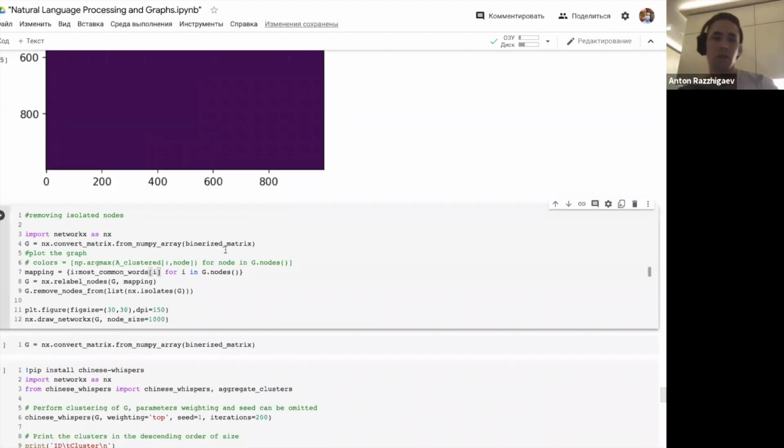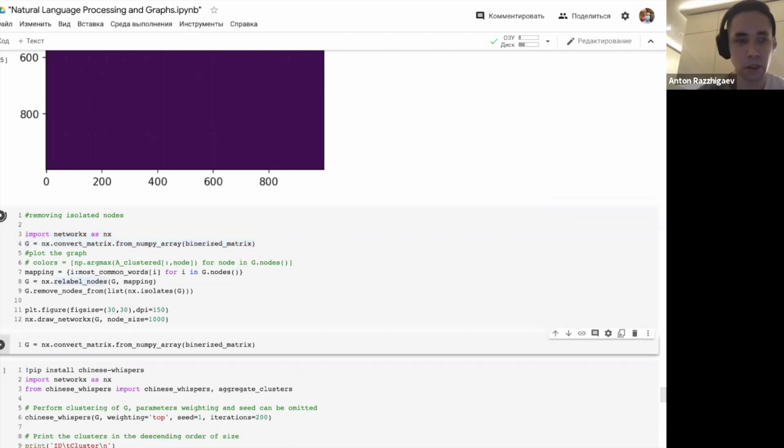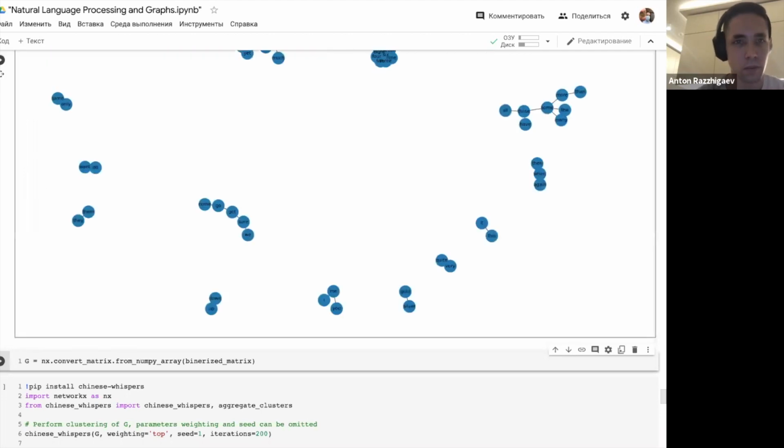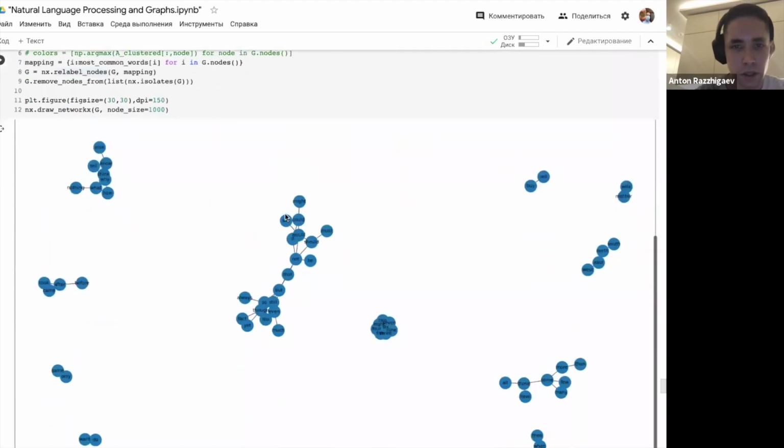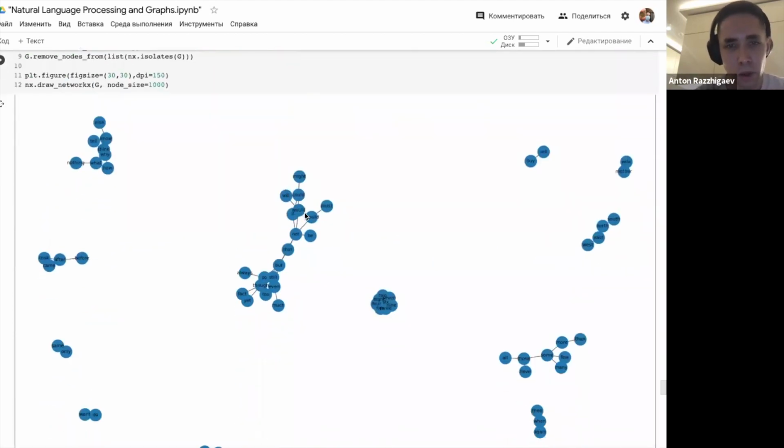Now we can convert this adjacency matrix to network X object, to a graph object, and plot it as a graph. Okay, here we can see some graph structure of our words.